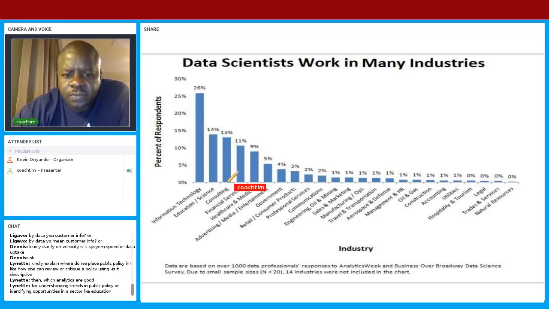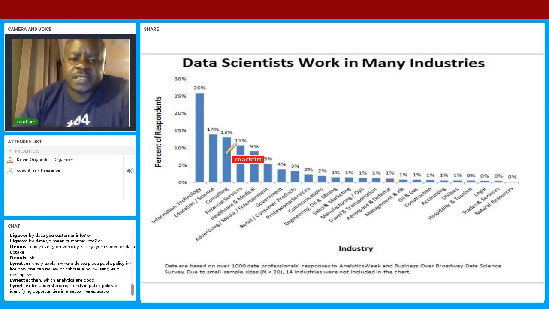The other part is consulting. One of the things I've learned about data science is it's multidisciplinary. So you tend to work in different industries. The same way you have a lawyer who can represent legal cases across industries, you have accountants who can work across different pillars, and marketers.